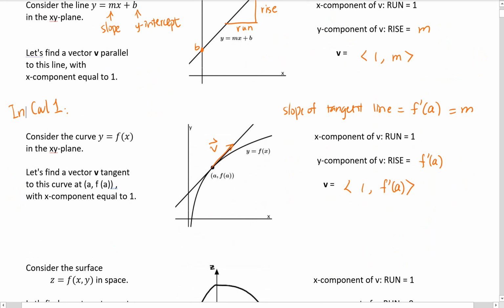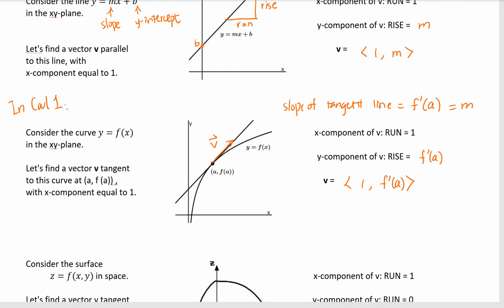And there's another way to think about it. You can think of a parametrization. Because y equals f of x, we can have the natural parametrization x is t, y is f of t. Well then, the tangent vector is the derivative of the displacement, that equals 1, and then f prime of t, right?